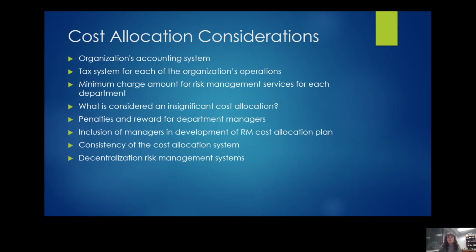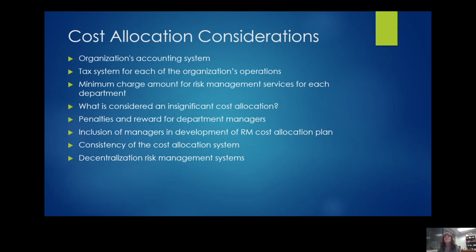Maybe at minimum you want to charge every department. Maybe one department has a lot heavier burden on the control of the losses, but you want to give everybody a certain minimum charge to help pay for the baseline expenses for a risk management department. You also want to look at materiality. If something's insignificant, not very material, you don't want to spend a lot of time splitting hairs on figuring out how to allocate it.